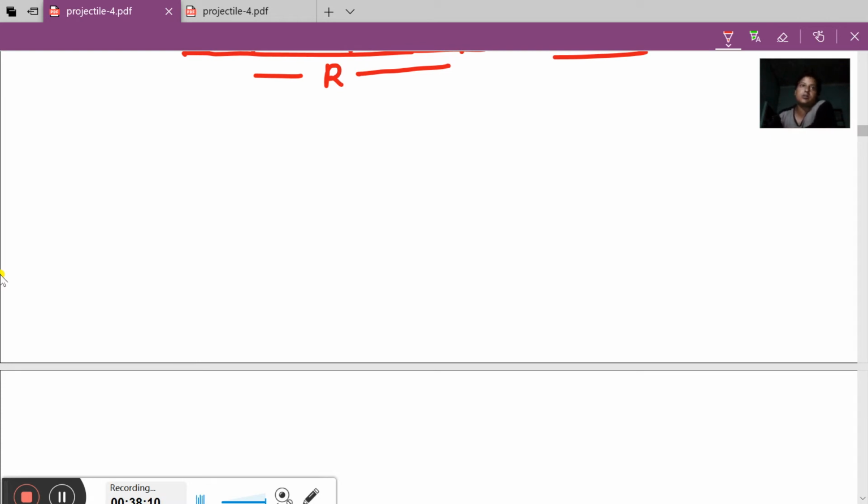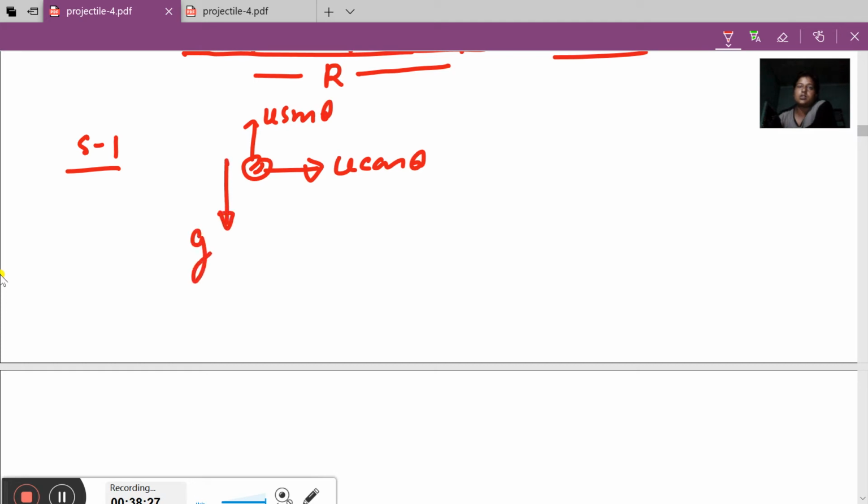In the process, first of all, calculate the components of the initial velocity of the projectile. We all know these are u cos theta and u sin theta. Acceleration is vertically downward g. So we can calculate time of flight easily, because the downward vertical displacement is only h.